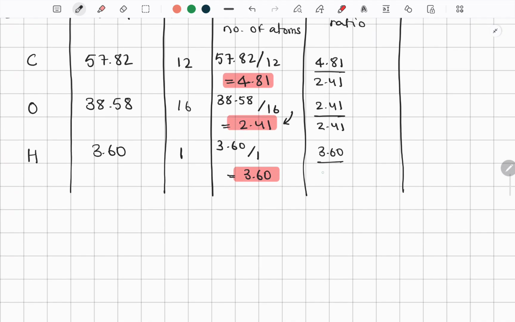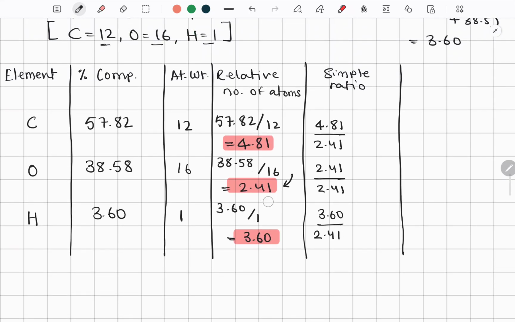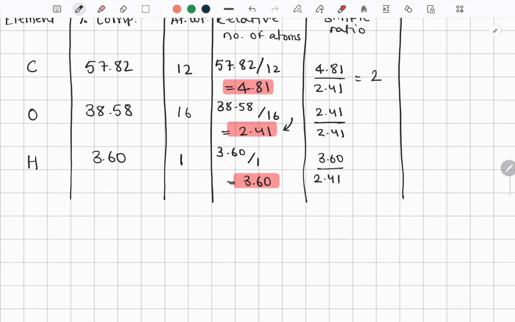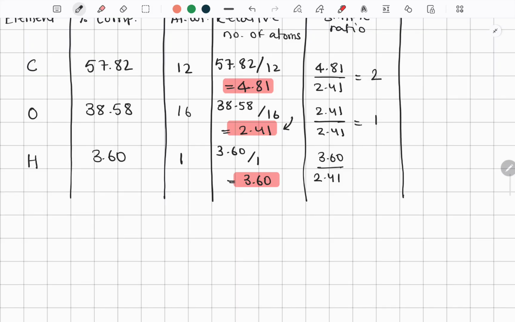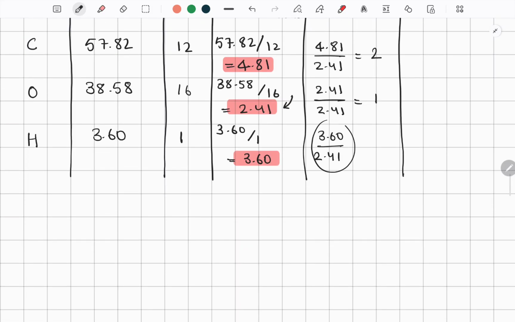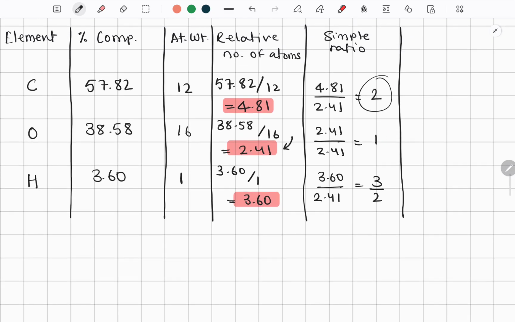You divide all the ratios by the smallest number, which is 2.41 here. When you divide 4.81 by 2.41, you get 2. When you divide 2.41 by 2.41, you get 1. And when you divide 3.60 by 2.41, you approximately get 1.5. So 1.5 can be written as 3 by 2. Perfect. So this is the important step.